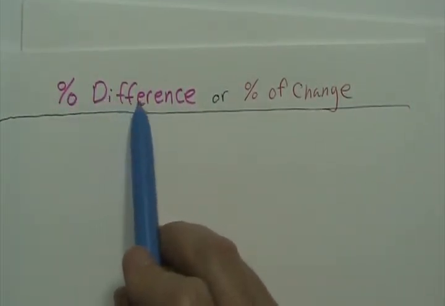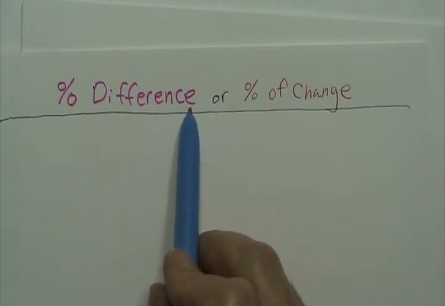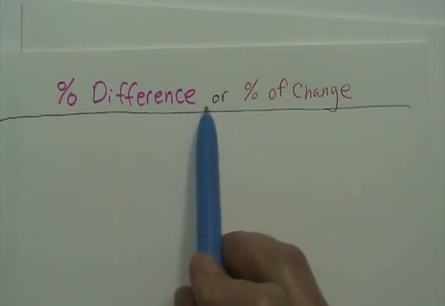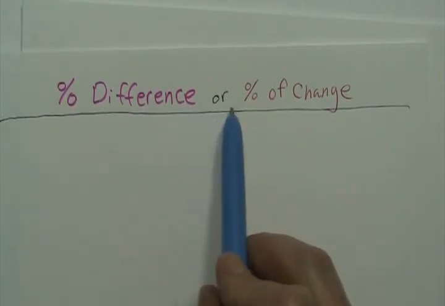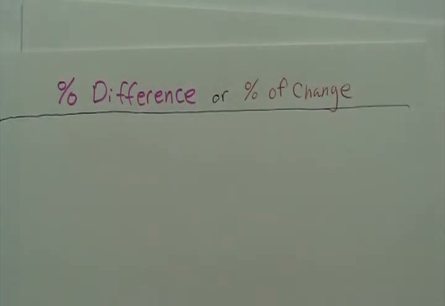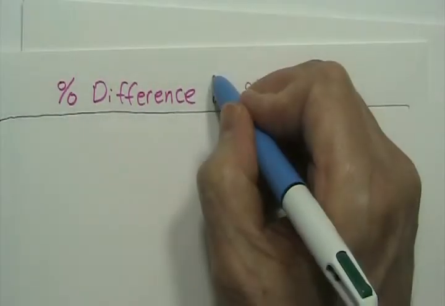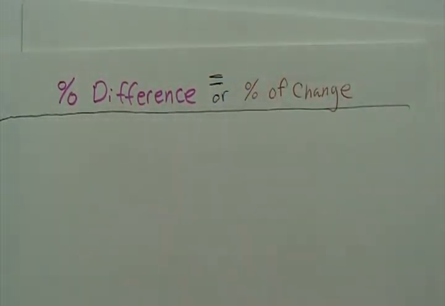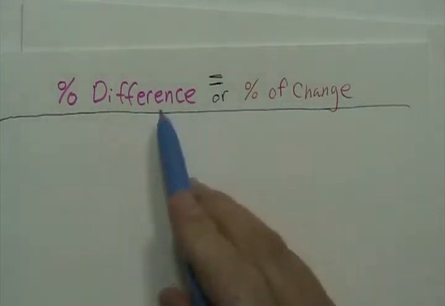Percent difference, or it could be called percent of change. You know what? They mean the same thing. So I'm just going to put an equals sign there. So it could be either one.